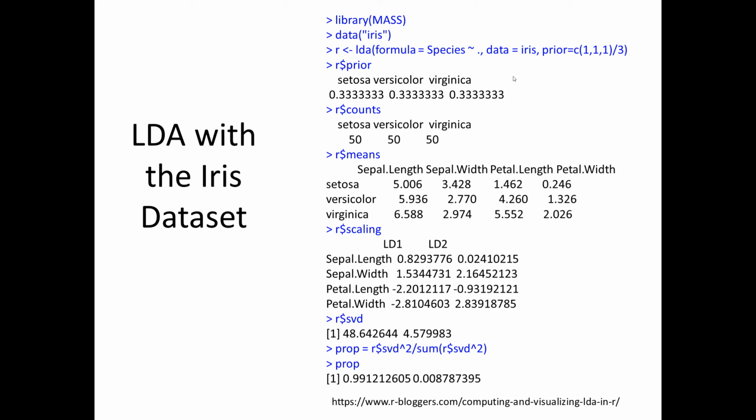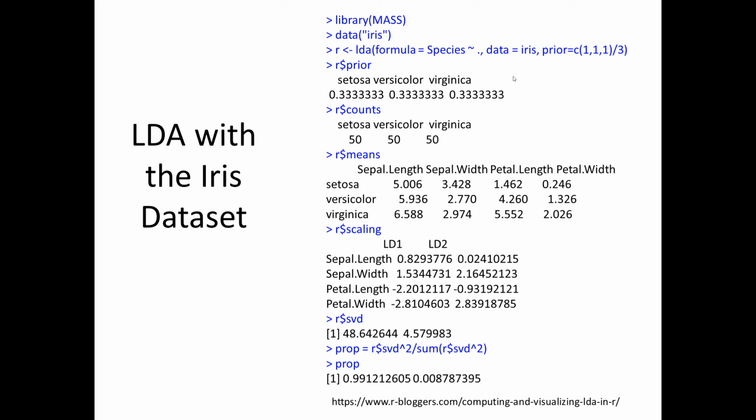In this case, we'll use the LDA command from the MASS package in R. To avoid any confusion with anything we've done today, we're going to reload the data and start with the data from the very beginning.